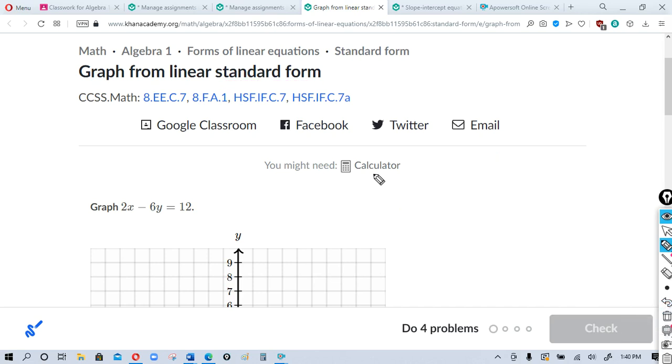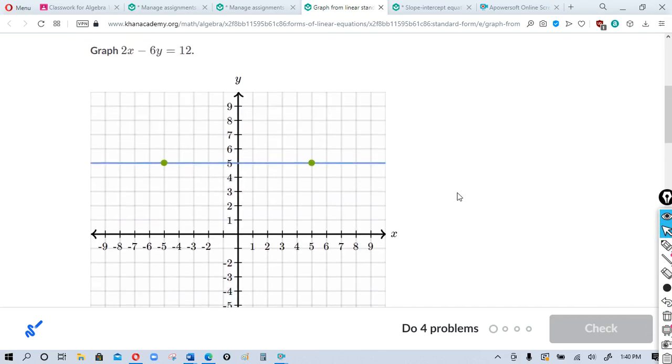And the way you do this is you plug in x equals 0 and then solve for y.